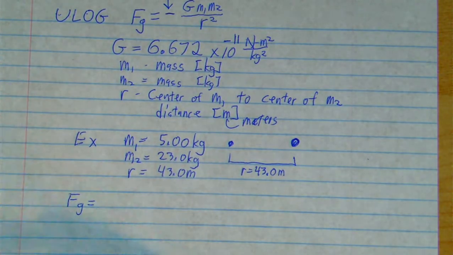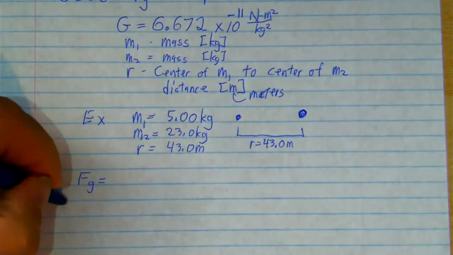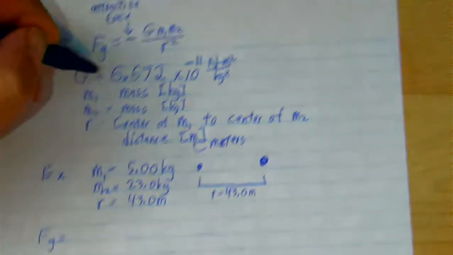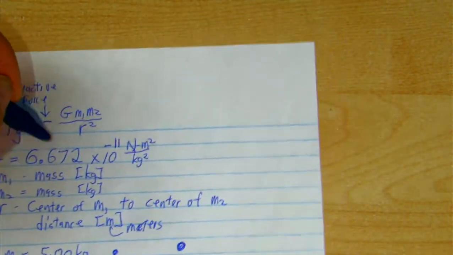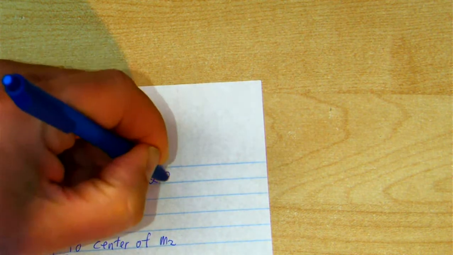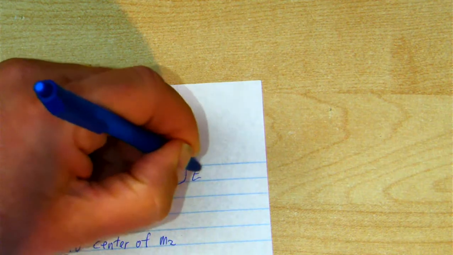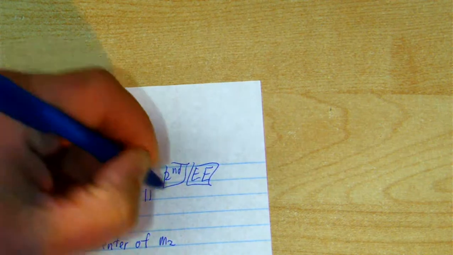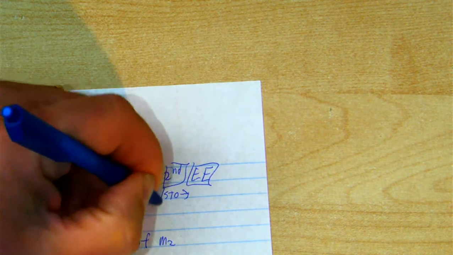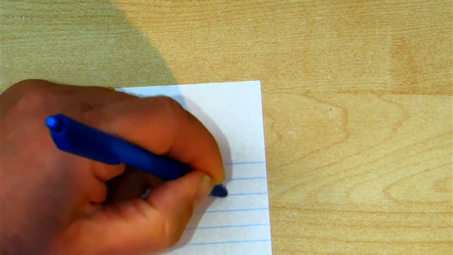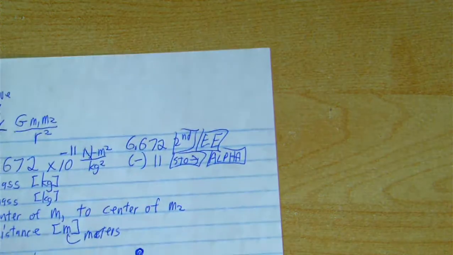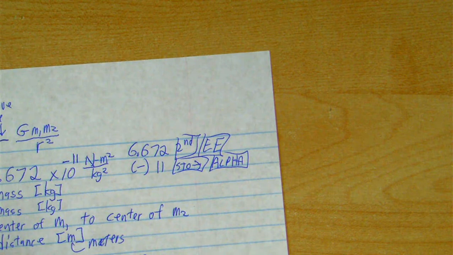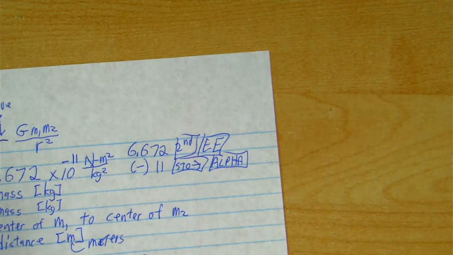A little tip, if you're using a TI type brand graphing calculator, you might want to store the universal gravitational constant in your calculator. You would do that by typing 6.672, second, EE, the exchange key, 11, the store button, the alpha key, and G. You should think of some letter to represent the universal gravitational constant.